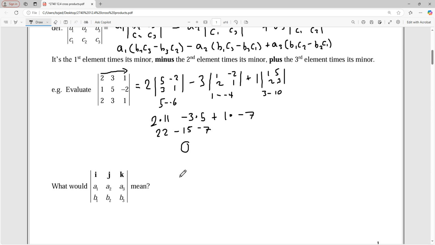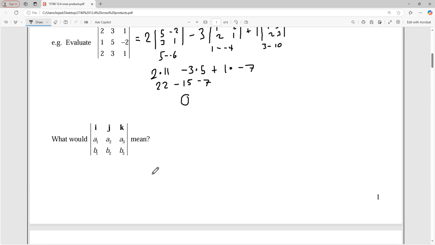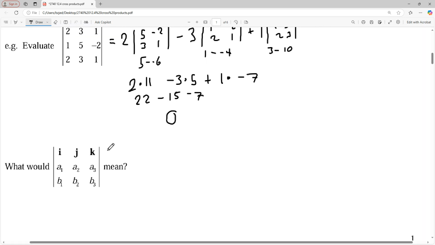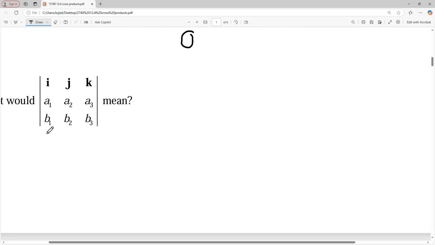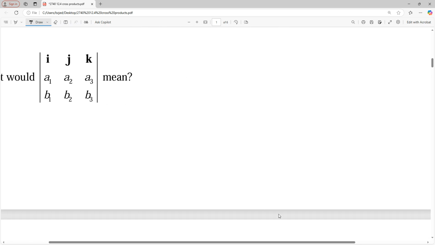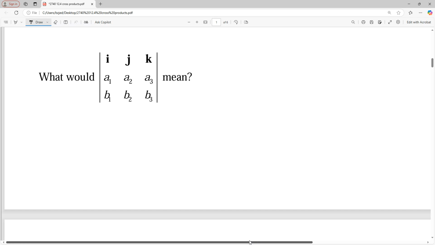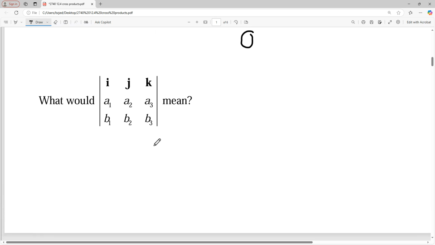So you know we gotta make it worse. What if I gave you this determinant right here that says I have i, j, k with A1, A2, A3, B1, B2, B3.